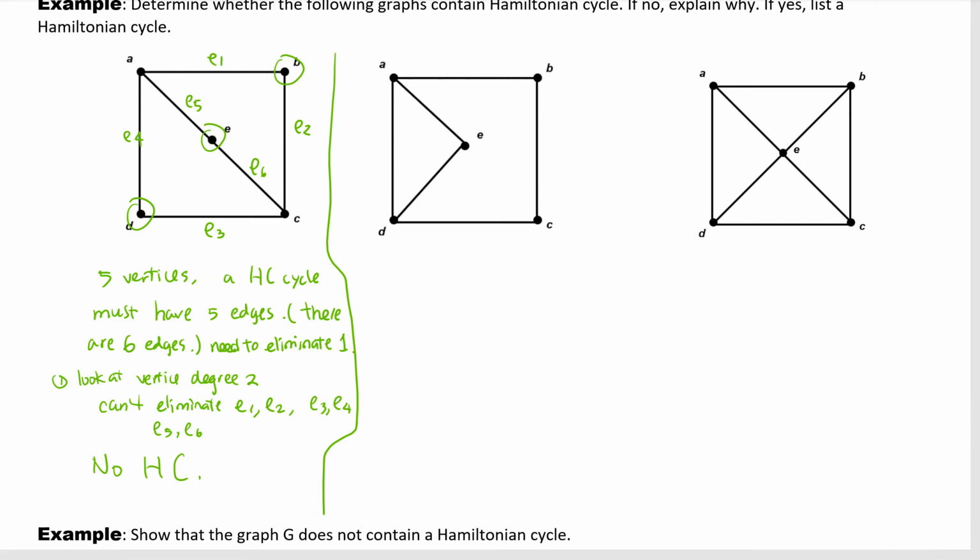Let's continue. Next one, let's label it E1, E2, E3, E4, E5, and E6. So far, so good, everybody. Here we still have 5 vertices and 6 edges. We need to eliminate 1.